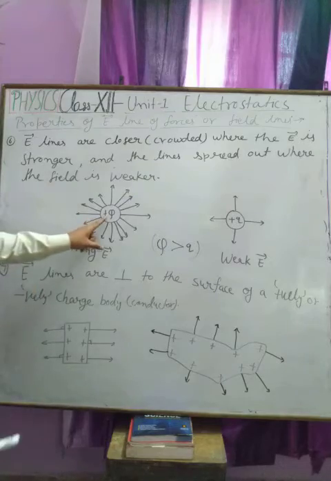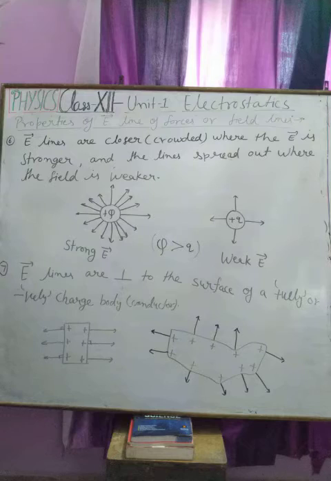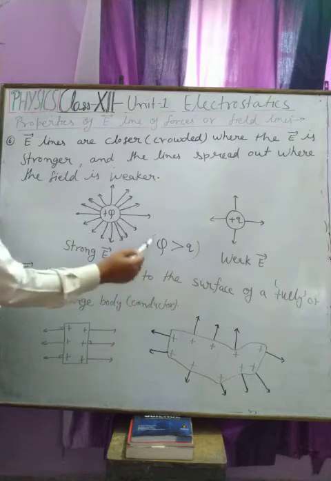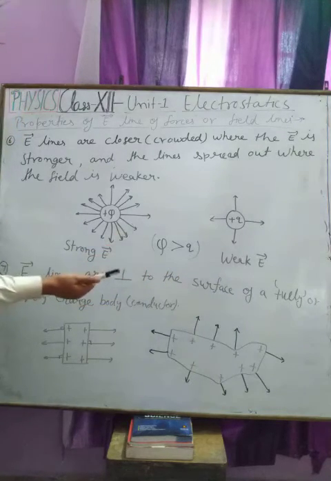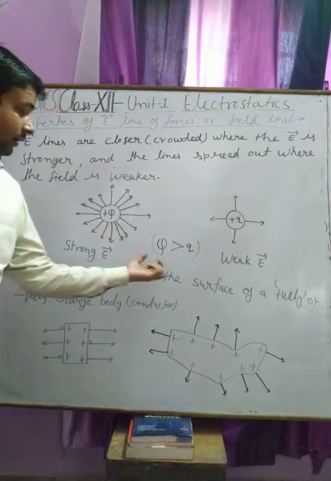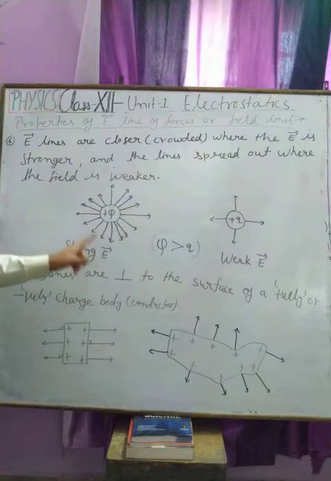One is capital Q positive charge, one is small q charge, where capital Q is the greater charge and small q is the weaker charge, or we can say this produces a high or strong electric field.